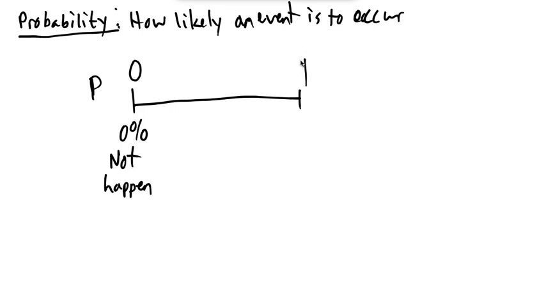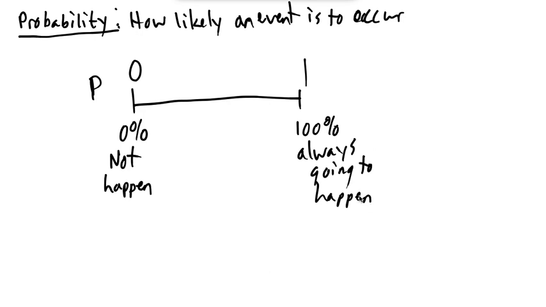What about for a 1? If we convert 1 into a percent, it becomes 100%, meaning that whatever has a probability of 1 or 100% is always going to happen. What about if we went to 1/2 or 0.5?